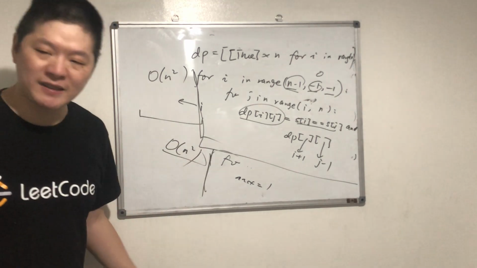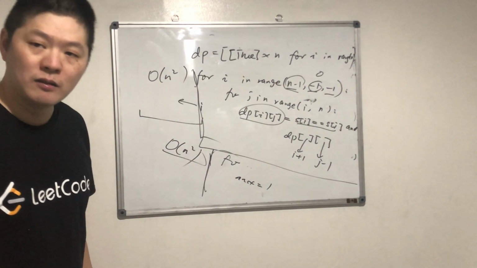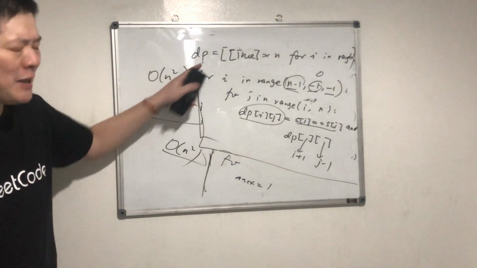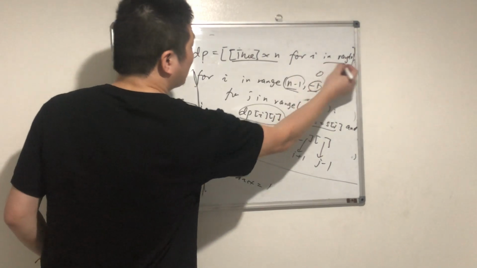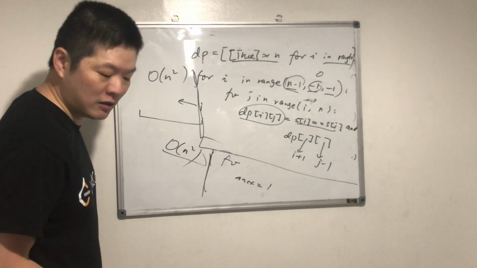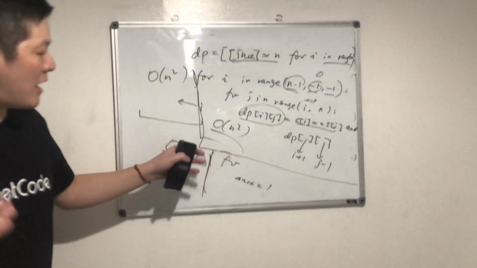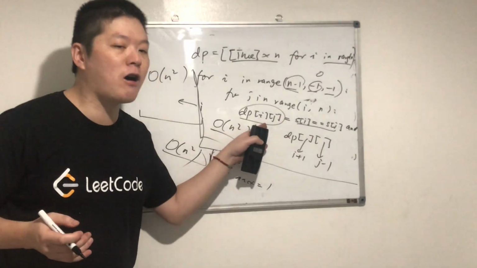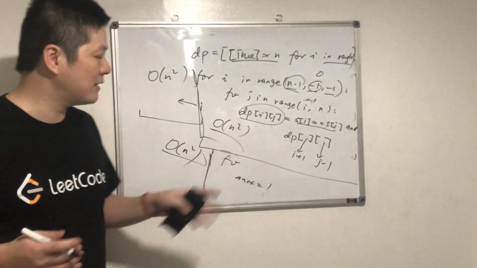What's the space complexity? We are using the DP array, a two-dimensional array, so it is O(n) square, because we need O(n) square space to store all the possibilities of the substrings.